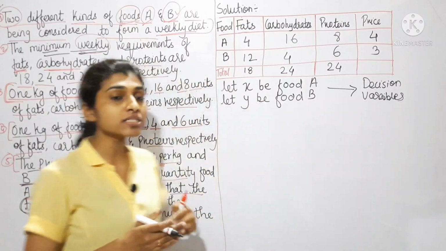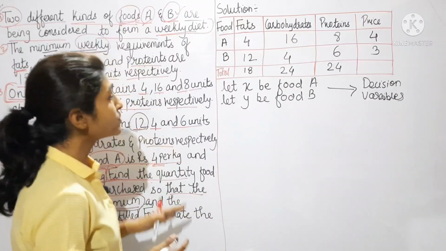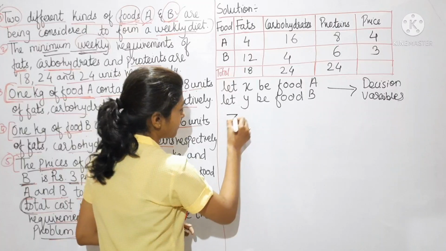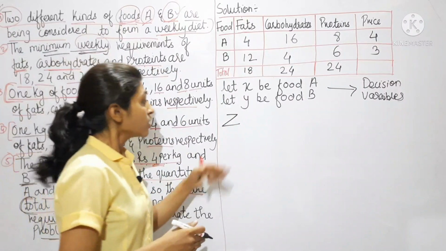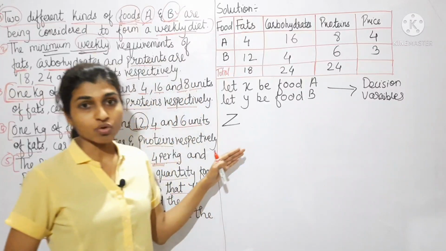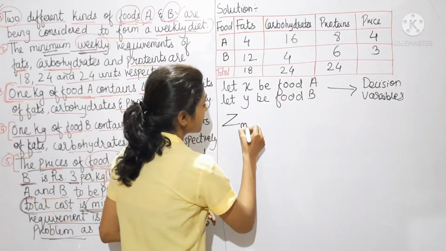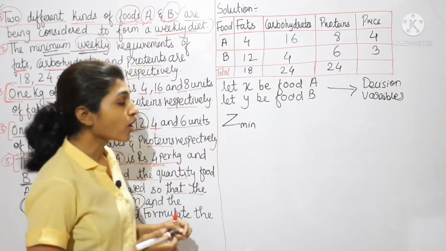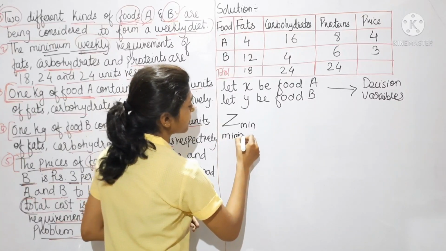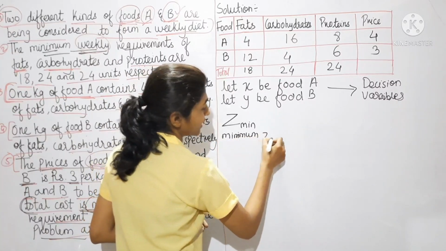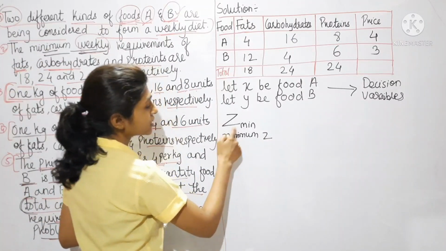The lower the price, the more the requirement is fulfilled. So the objective function is Z, and it says to minimize in order to achieve the goal. You can write minimum Z or Z minimum.